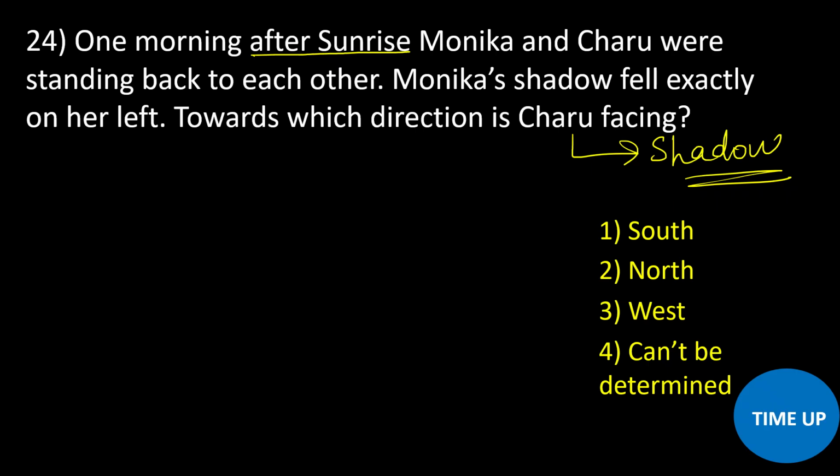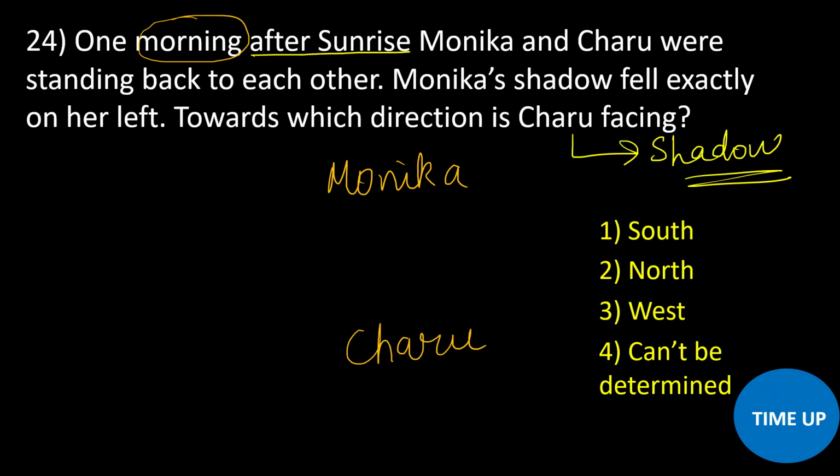So see, in the shadow concept, what I told you, you have to know that the sun rises in the east and sets in the west. Correct? So in the morning, the sun rises in the east, so its shadow will be on the opposite side. Now consider that Monica is there and Charu is there.